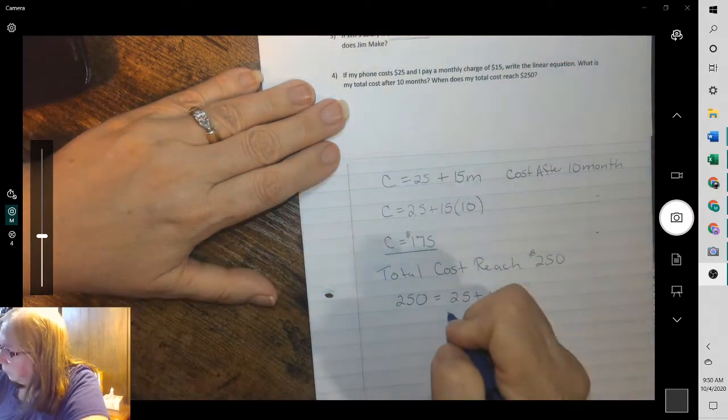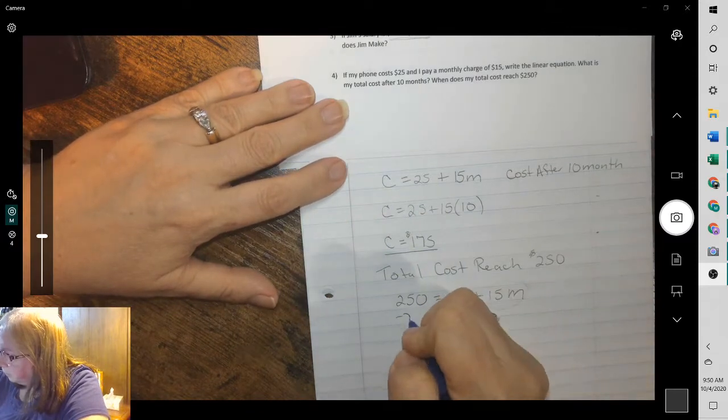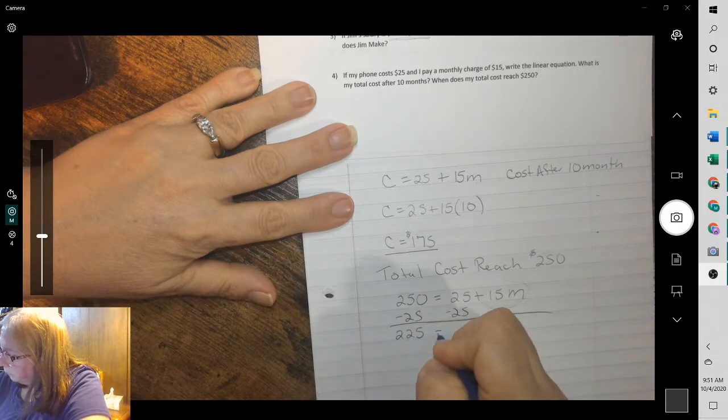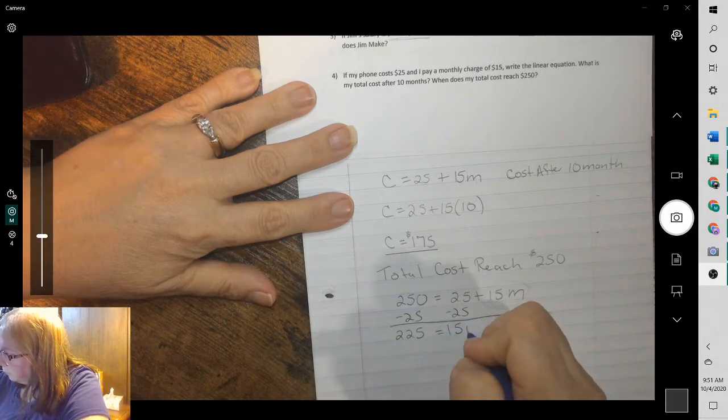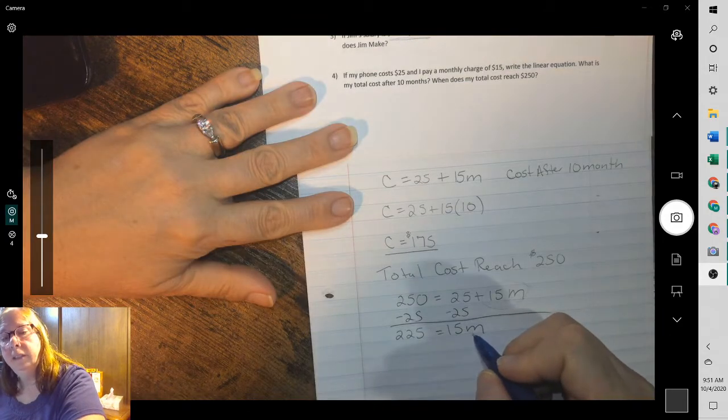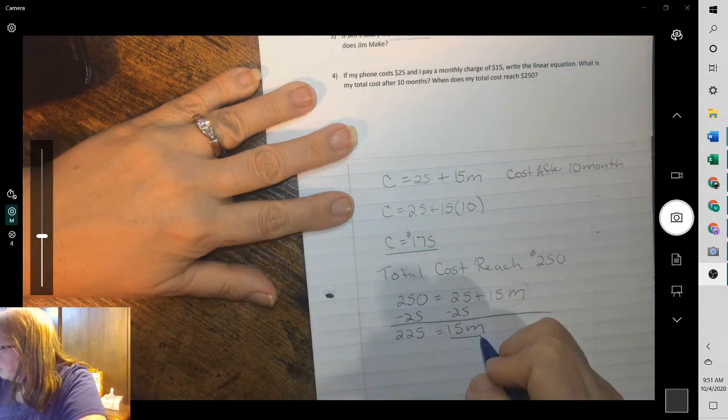Since we're adding 25, we can subtract it. Then we need to get rid of the 15. Since this is multiplied, do the opposite, divide.